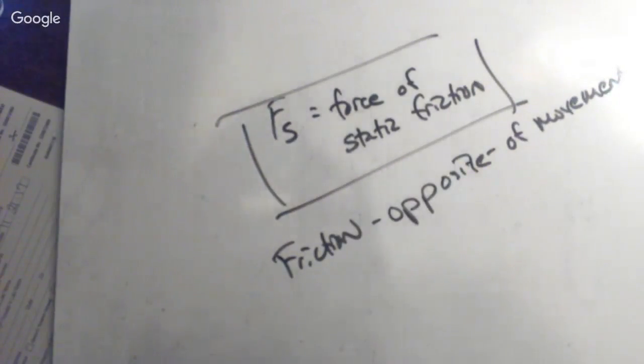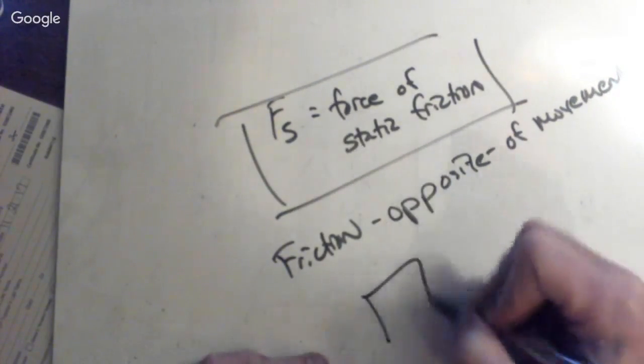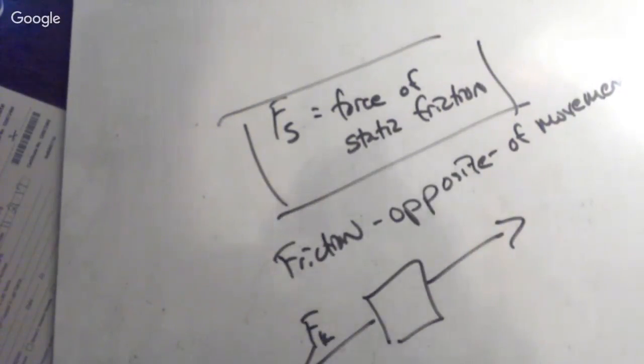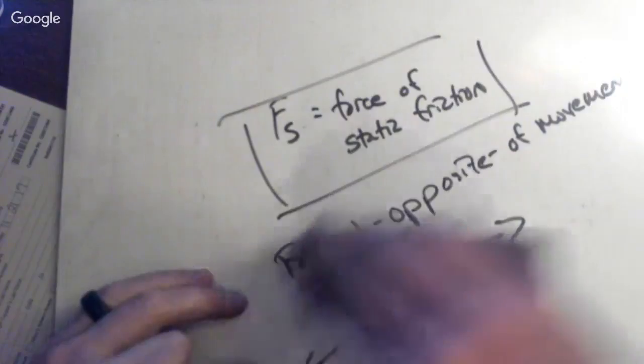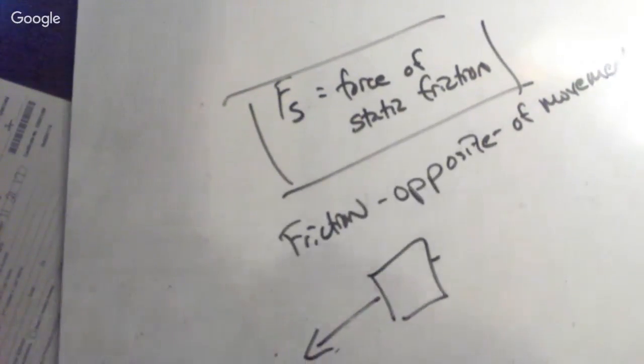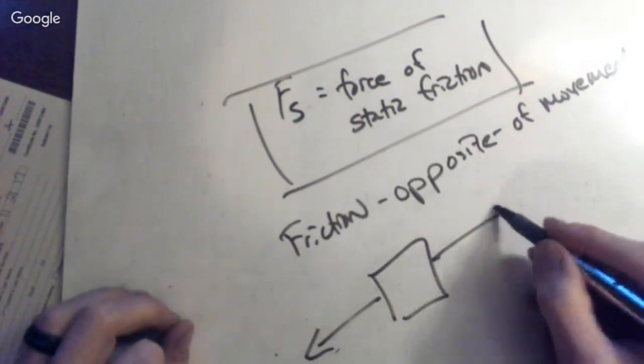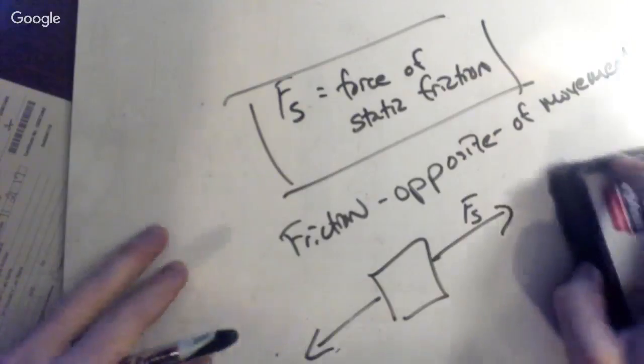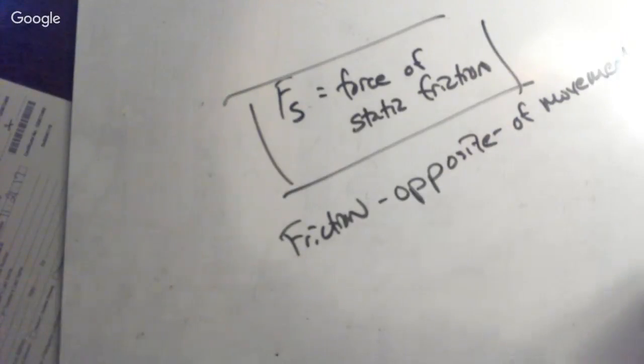So whichever direction the box is moving, if the box is moving this way, then friction is that way. But if the box is moving this way, then the friction will be that way. And that's true for static or kinetic friction. Friction resists the movement. Whichever direction the movement is pointed, the friction will be in the opposite direction.